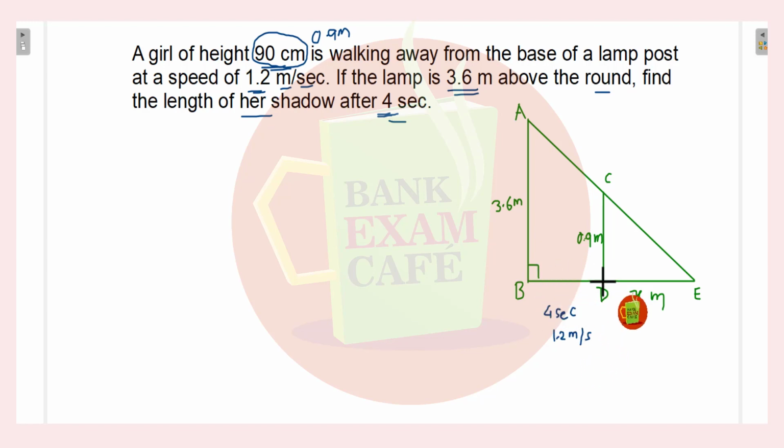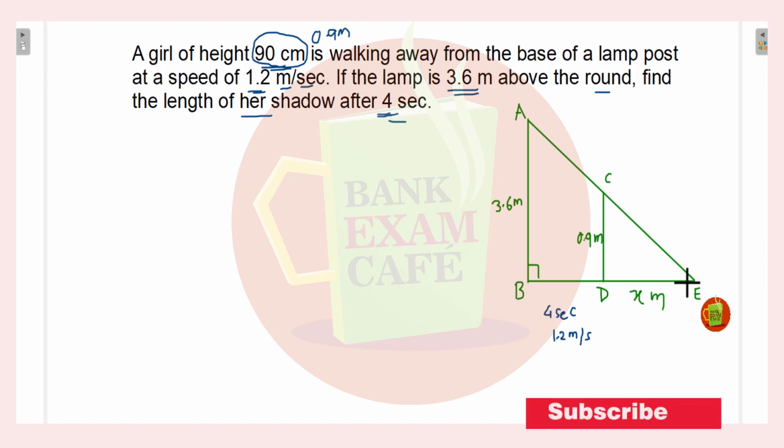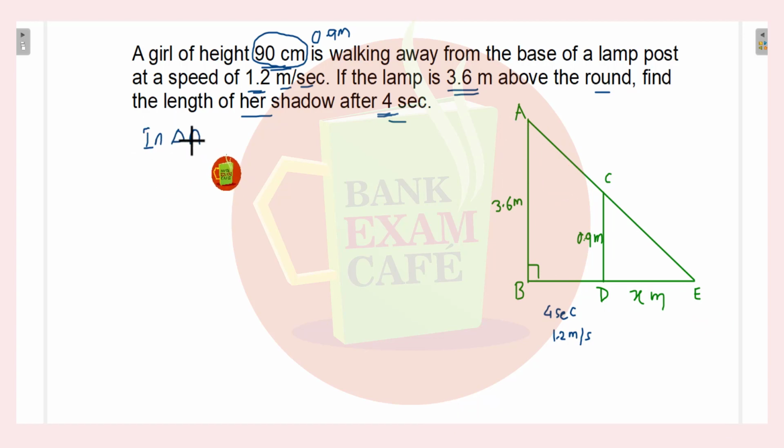And after 4 seconds, she reaches a point D, and you have to find her shadow. Let it be x meter. This shadow you have to find. So here first we will take the triangle ABE and triangle CDE.